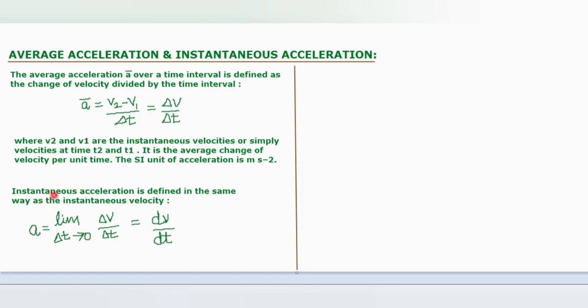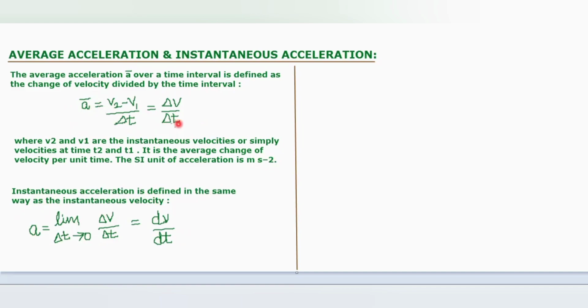In the same way, instantaneous acceleration can be defined like instantaneous velocity, that is a equals the limit del t turns to 0 of the average acceleration. As we mentioned earlier, this gives the value in a given period of time.